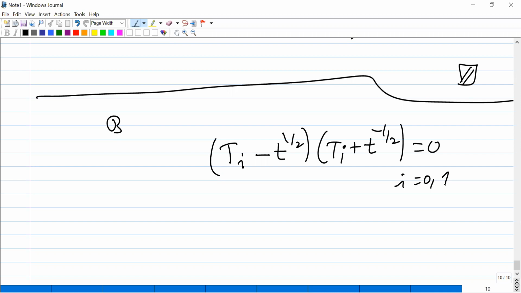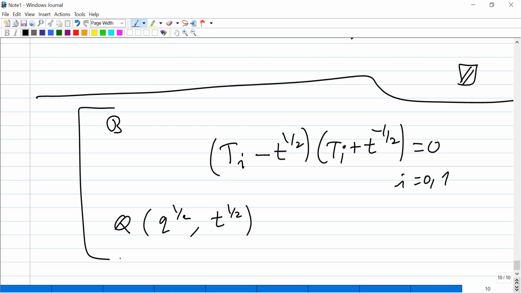This is over some ground ring. I am not specifying the ground field. For example, you can take Q of q power of t power of, the rational functions in these indeterminates. Or you can specify q and t as complex numbers, and then put some conditions. We'll come to that later, because now I'm only working with the Hecke algebra.